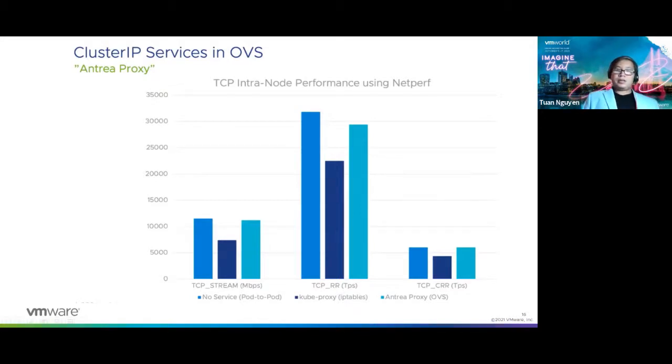We see that the dark blue is kube-proxy, the blue one is no services, and then the light blue is Antrea. More or less, you gain the same performance as if you don't run pod communications without any CNI, right?